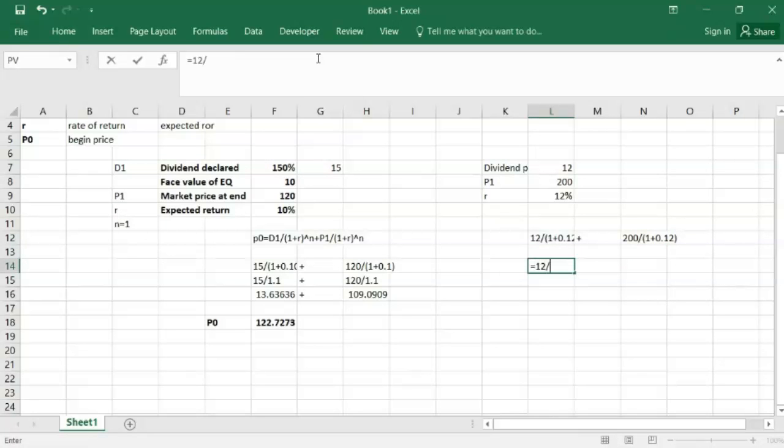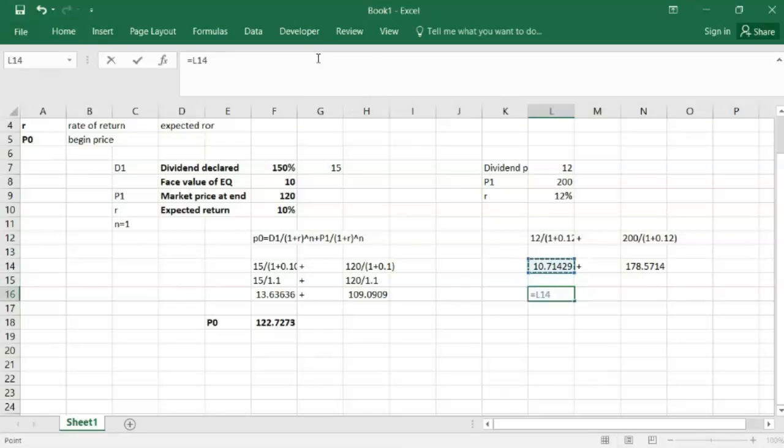So 12 divided by 1.12, and 200 divided by 1.12. You just have to add both the values, and you get the intrinsic value of the security which is being traded in the market.